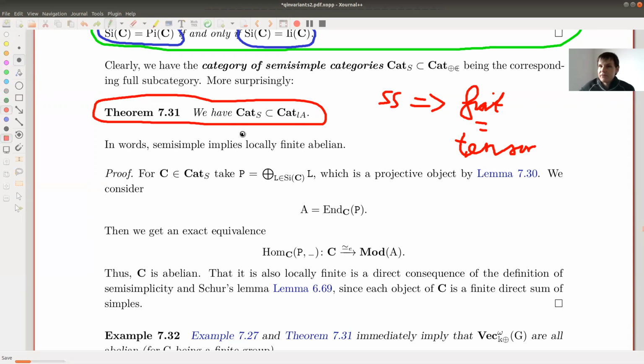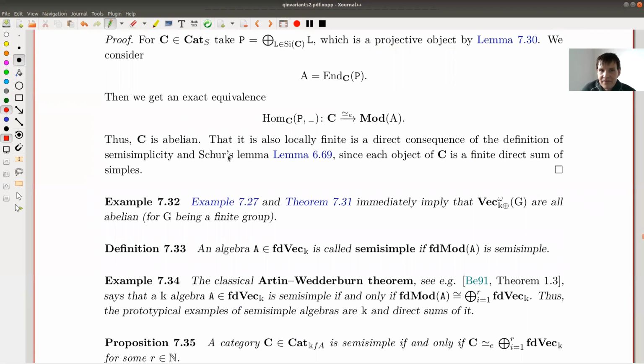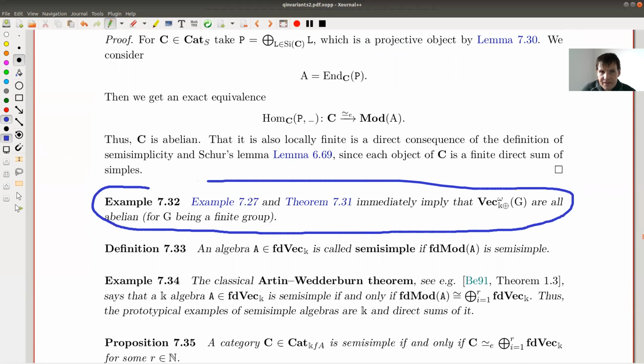So Fiat is tensor and whatever. The proof is not so hard. You can read it. It's not so bad. And actually, it's not quite trivial to see that all of these Vec categories are abelian, but with this theorem, it's kind of trivial because they're basically by definition semi-simple.